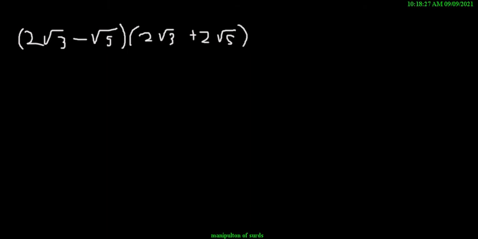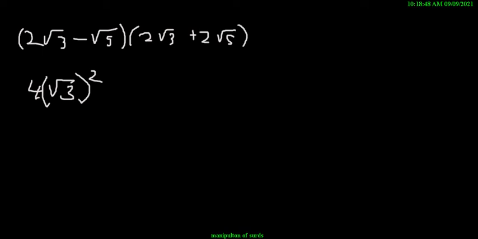Now let's try out this one. 2 root of 3 times 2 root of 3 is going to be 4, and root of 3 becomes squared.